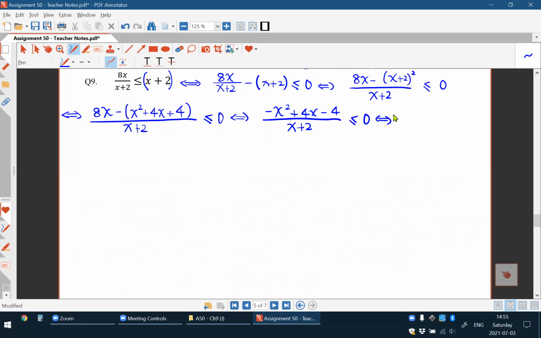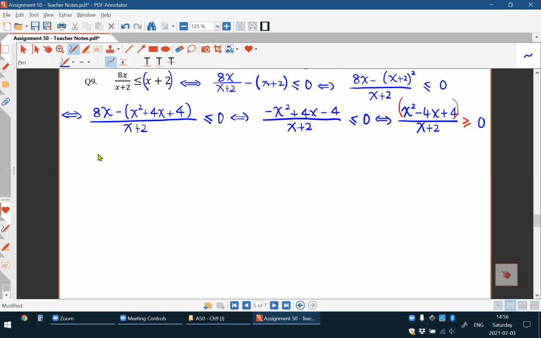And then if we times minus 1 to both sides, this becomes x squared minus 4x plus 4. Remember that minus 1 is negative, so we need to change the direction of the inequality symbol here. Okay, the reason why we do this is actually a formula.